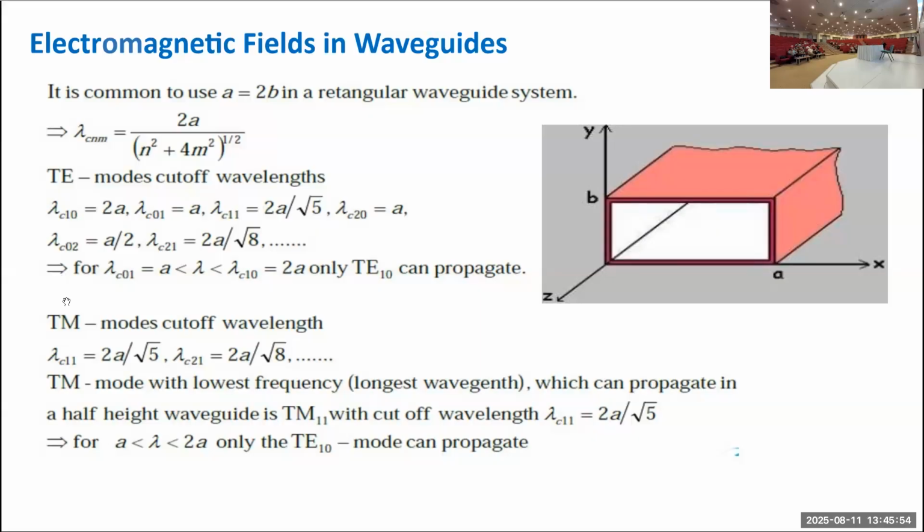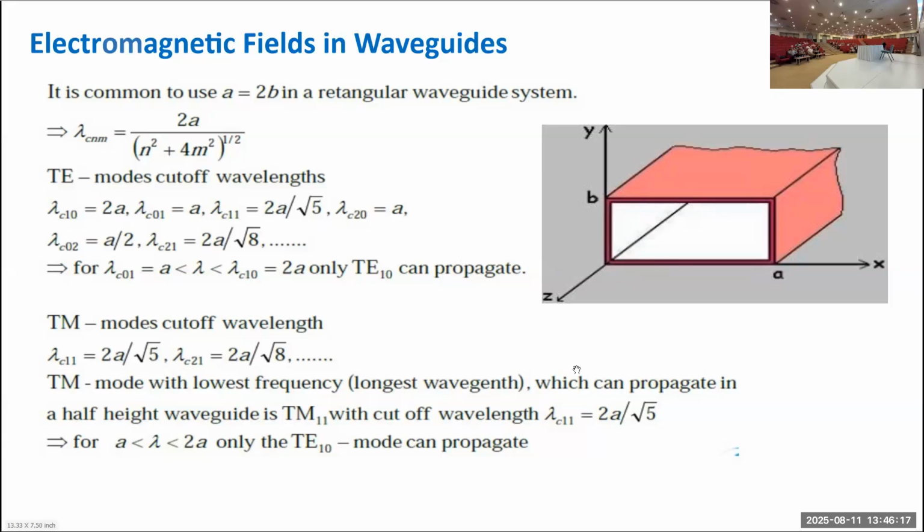Similarly, we can derive transverse magnetic modes and their cutoff wavelengths, using the same assumption that our longer side is double the shorter side, and all the transverse magnetic modes also lie within this limit.